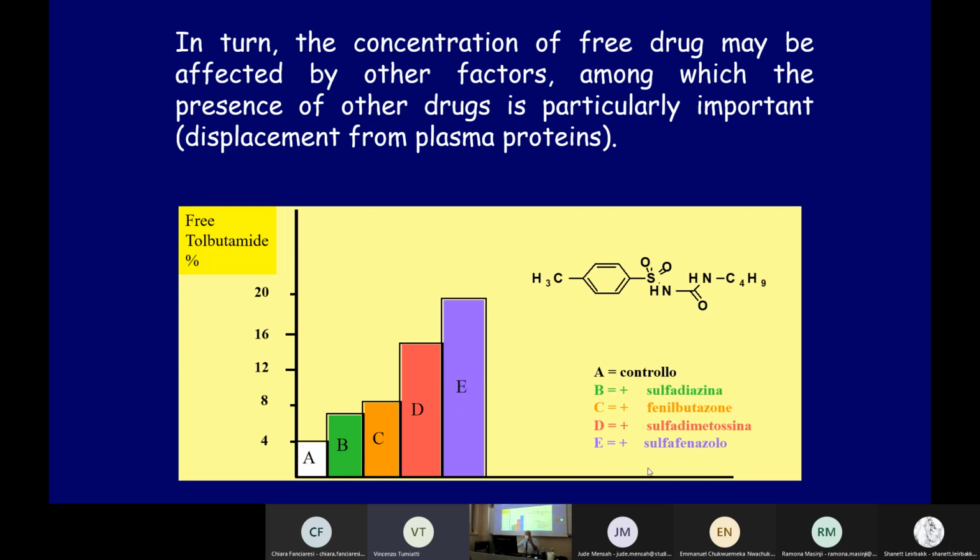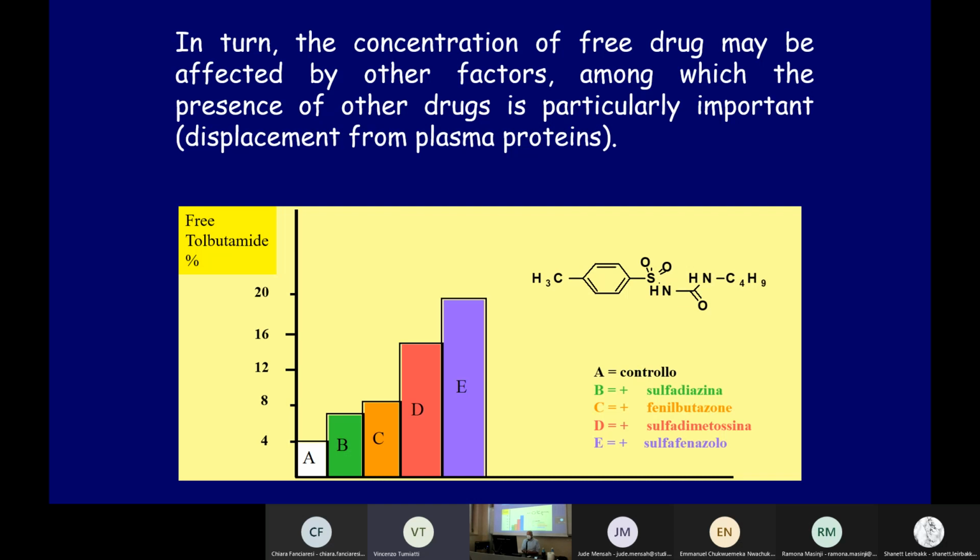Sulfaphenazole is another sulfonamide. You see that in this case we have 20% of free tolbutamide, and so we have a strong effect in the control of the glucose concentration inside the blood.